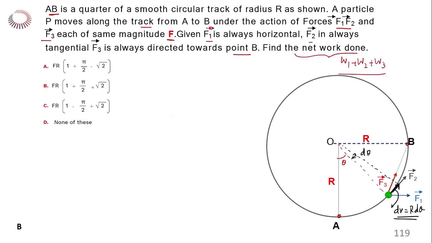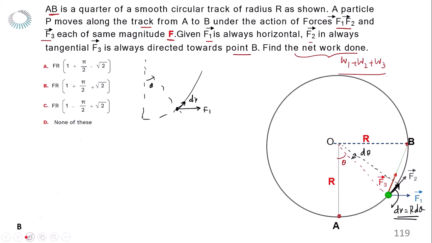Very good. Now for the work done, individually you identify the forces. For the first force, let us say I am redrawing this diagram. This is the theta angle at which I consider this force, this is F1. The displacement is in this direction, this is dr for this F1.